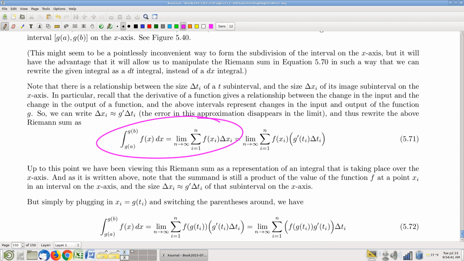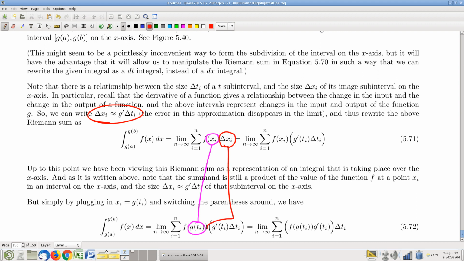There it is as a Riemann sum. x is g of t. We just agreed here that delta x is g prime delta t. There's that stretching factor, how much the little piece of the domain gets stretched out.